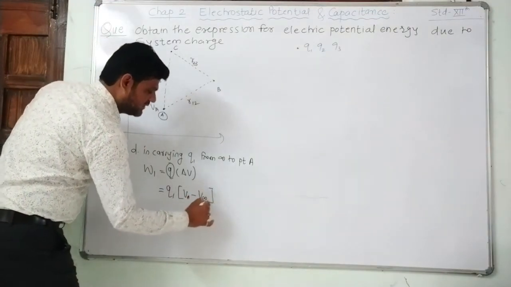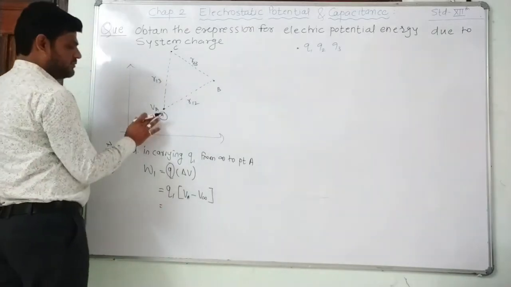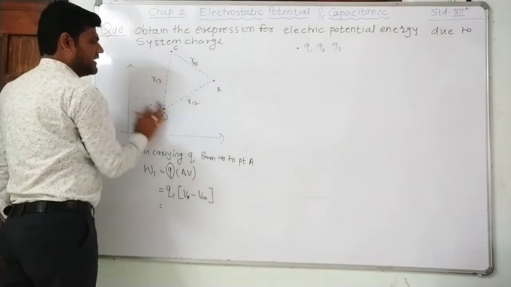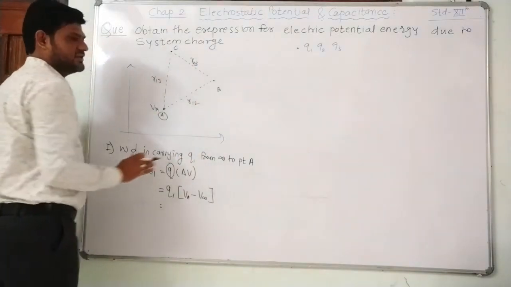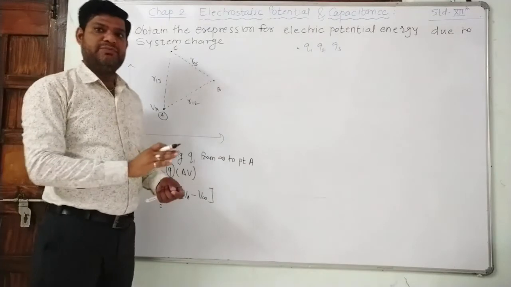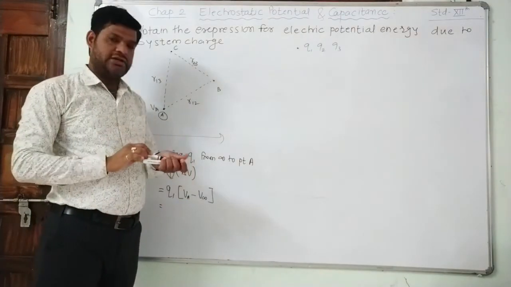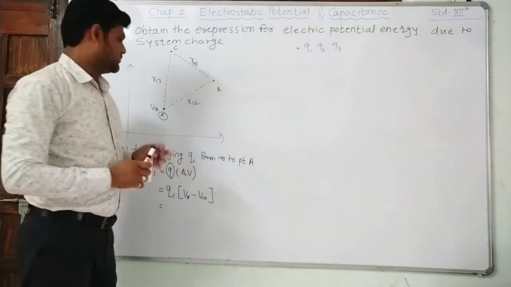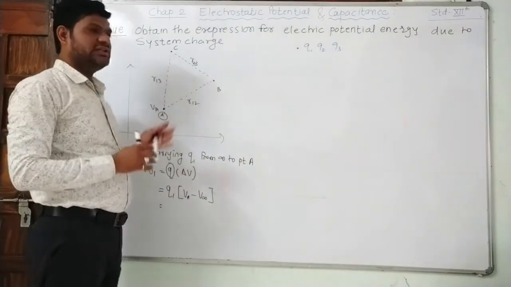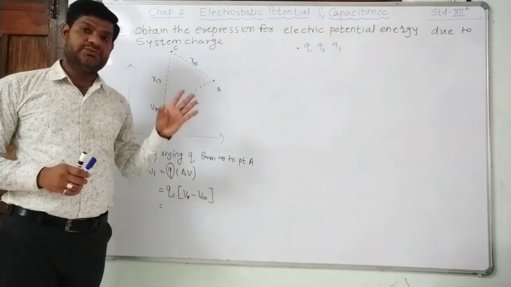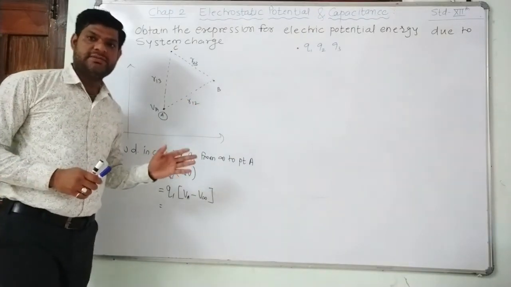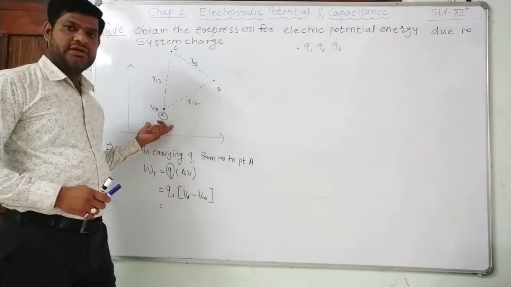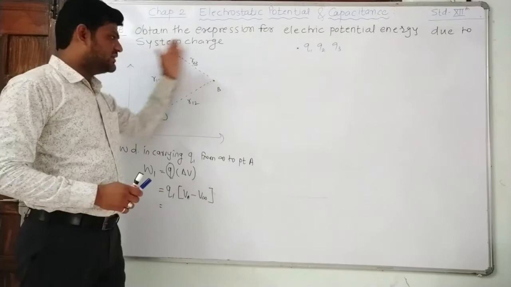As we know, before carrying the charge in this area there is the absence of charges. So that's why there is no electric field and no potential. So at point A, point B and point C, V equal to 0 at all points, because before carrying charge Q1 to point A there is the absence of charge in this area.